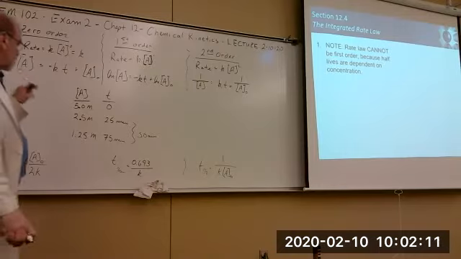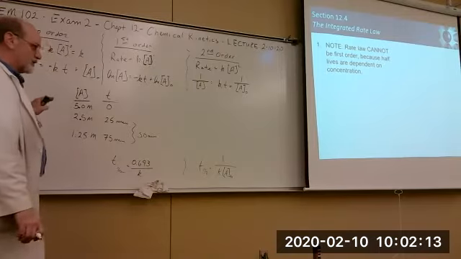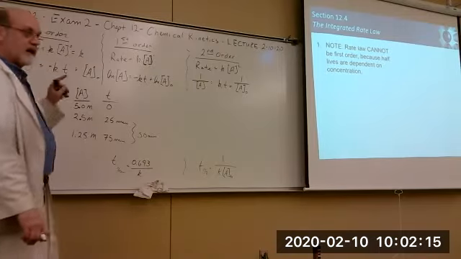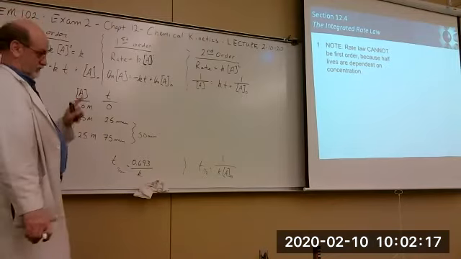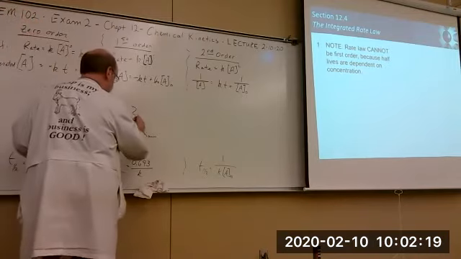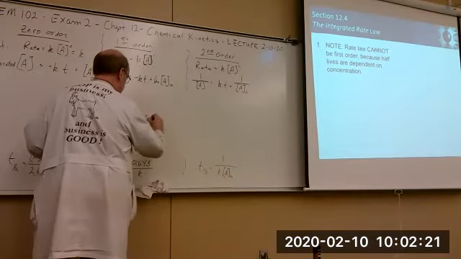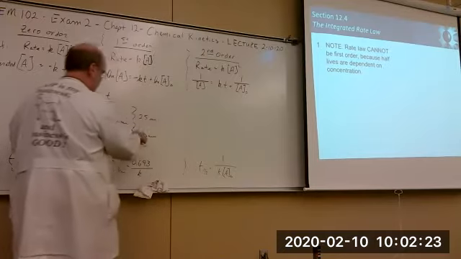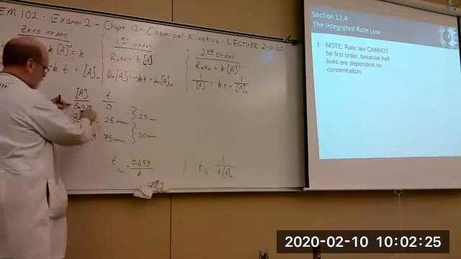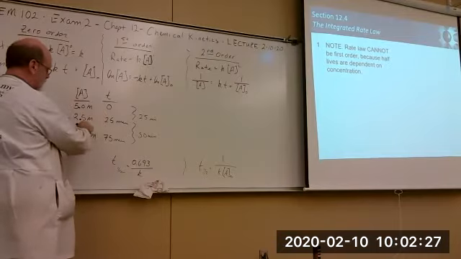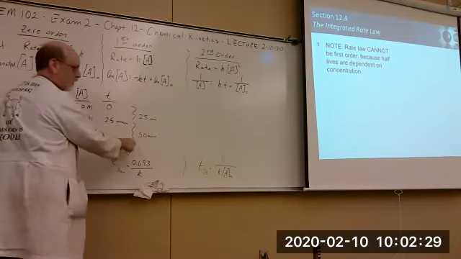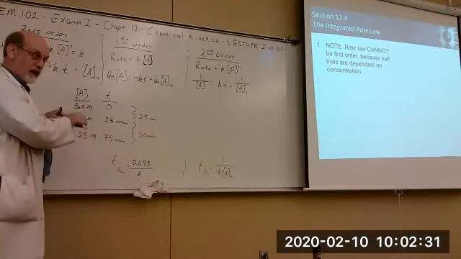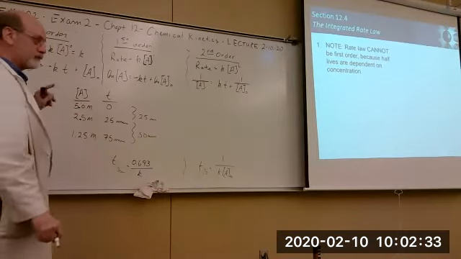So, is your half-life dependent on concentration? Yes. Why? Because the first half-life is 25. The second half-life is 50. The concentration here is 5. The concentration here is different. So it has a different half-life. Okay? So that's the first clue.